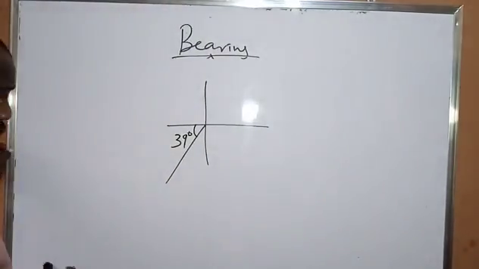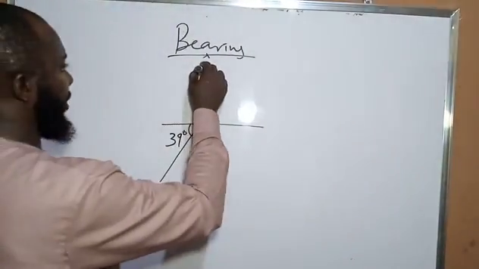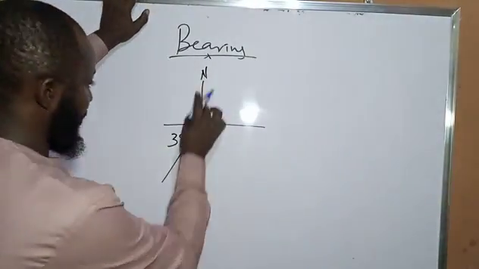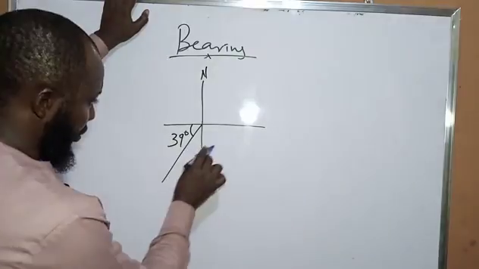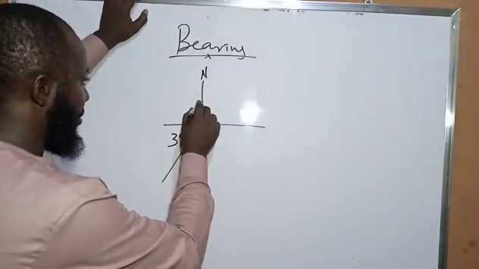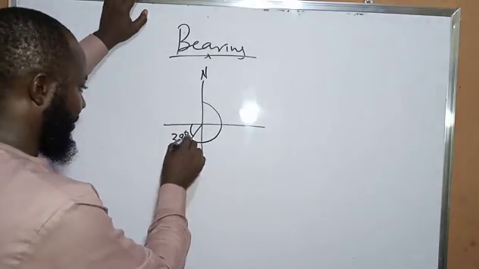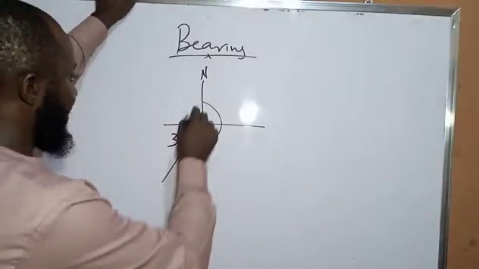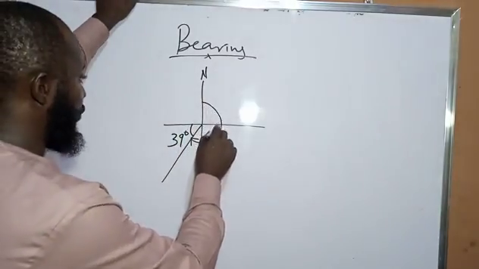So what are you going to do? Don't forget, under 3-digit bearing, we always start from the north and move clockwise. So we start from the north and move clockwise to this line. That is the 3-digit bearing we're looking for.